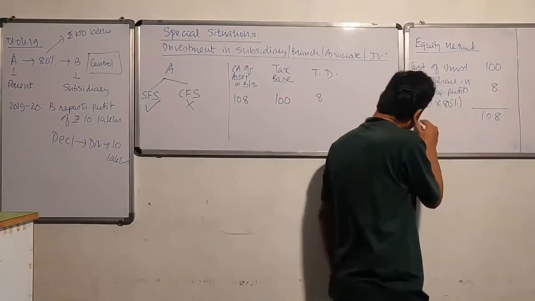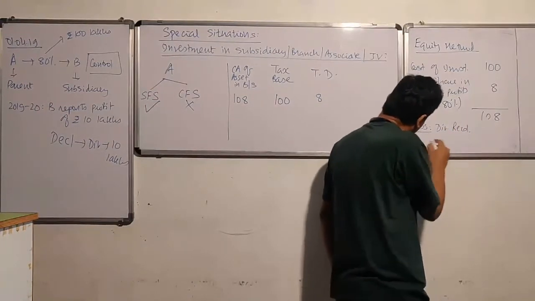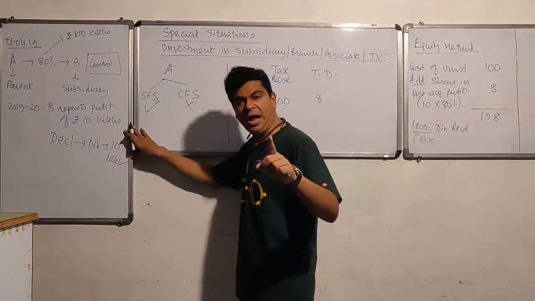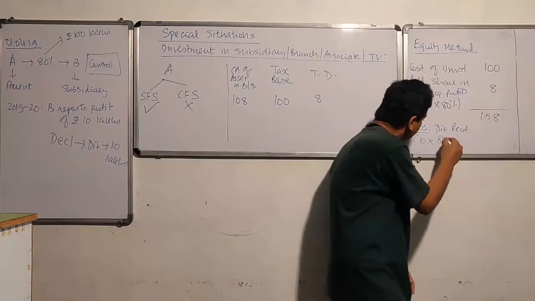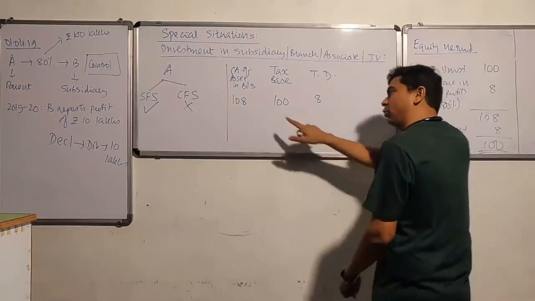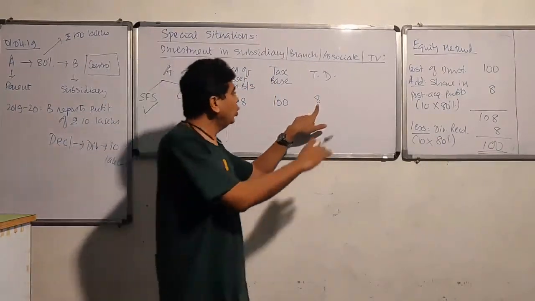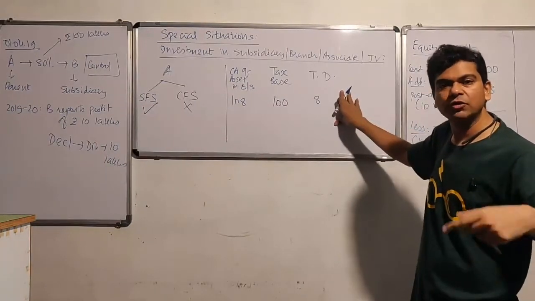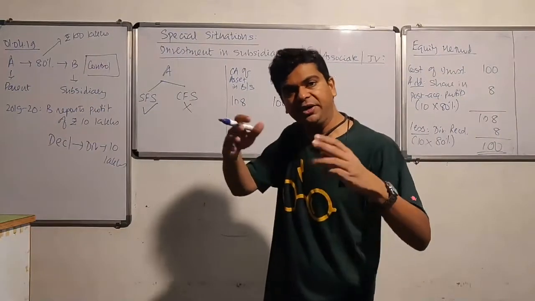After adding 8, I'll have to say less dividend received. Subsidiary pays a dividend of 10 lakhs. I will not receive the entire 10 lakhs because I own 80%, so I multiply this 10 by 80%. I'll take 8 and I'll get 100. The moment I put 100 over here, 100 and 100, there shall be no temporary difference. So this temporary difference will reverse the moment the subsidiary declares the dividend.